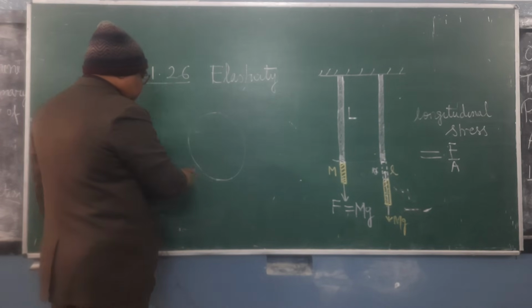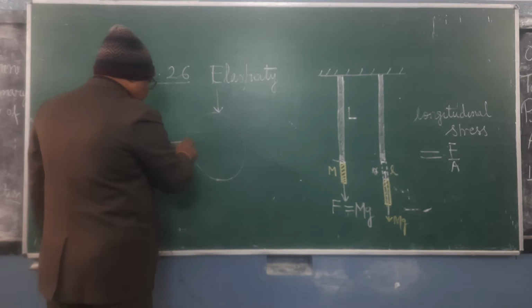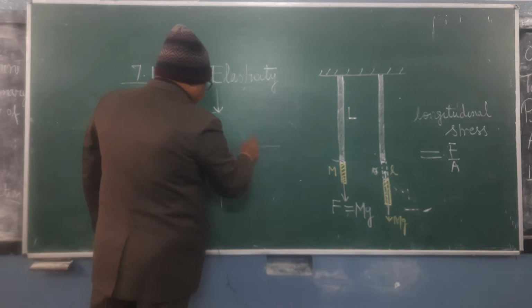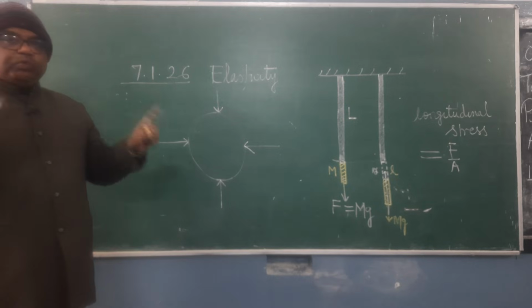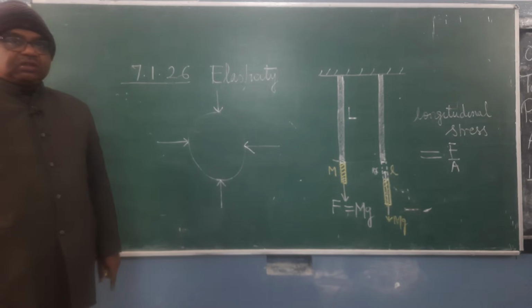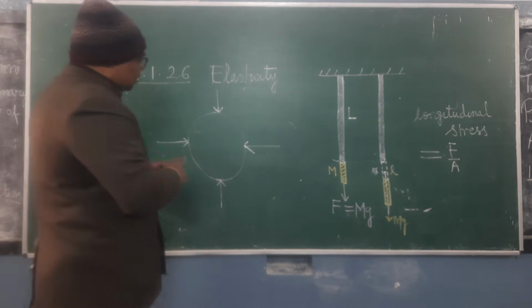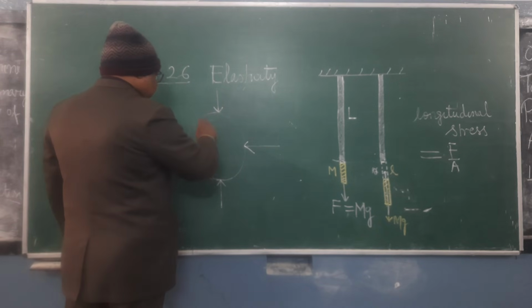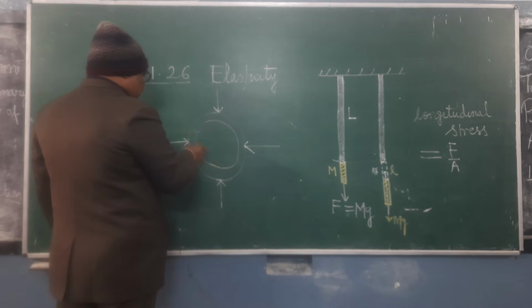Now if the force is acting uniformly from all the directions, what will happen? There will be a change in volume. Its volume will be slightly reduced, and because of that some stress will be developed. Restoring force will be produced, therefore stress will be developed. Suppose now its shape becomes this. Shape is the same, but the size has reduced.